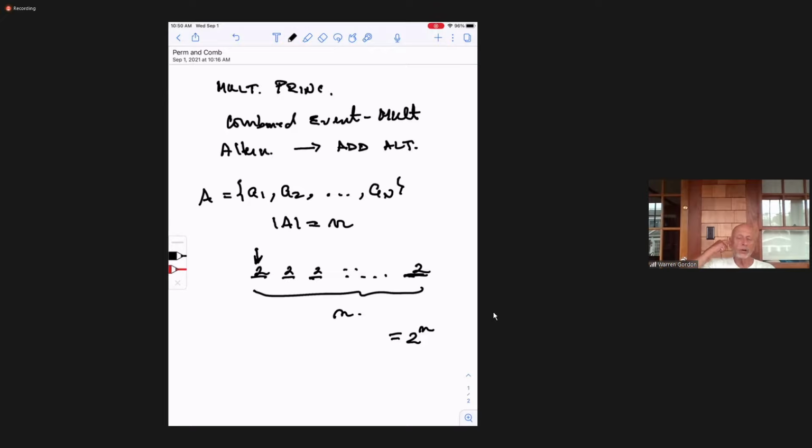So if you think of the 2 choices being present and not present, if I had, say, A2, A4, and A11, then this would just be a subset containing just these 3 elements and no others. So this is a very clever way of counting the number of subsets in a set. A little later today, I'll show you another way of getting this. So if you think about it, in every single subset, either each element is there or it's not there. So we have 2 to the n possibilities.